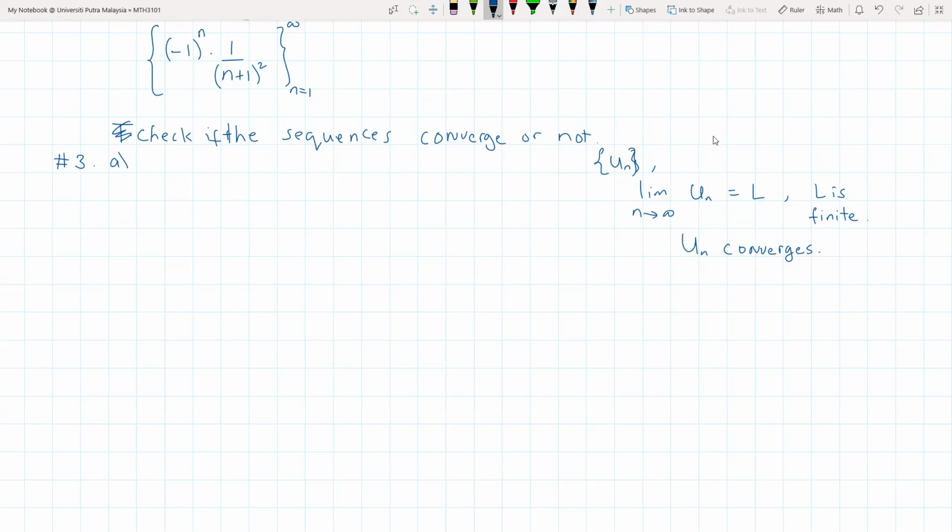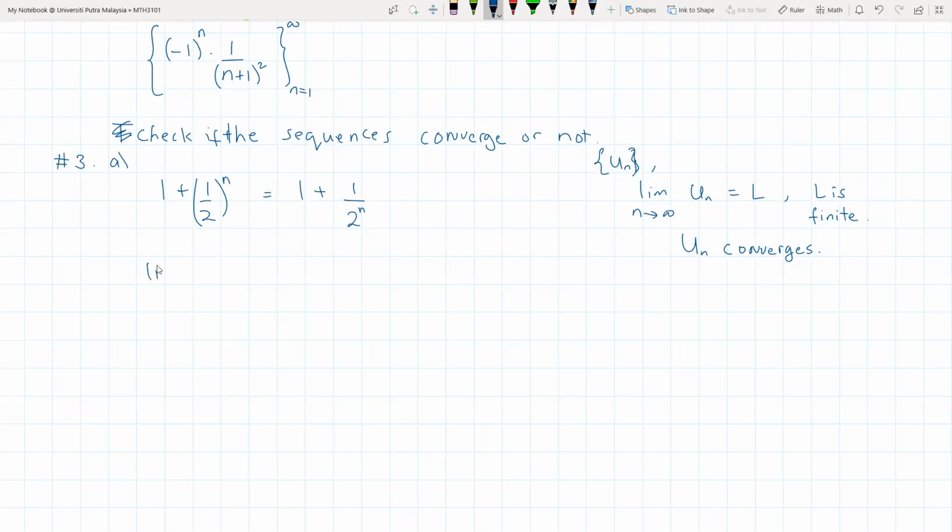Okay, let's see. Sequence for number 3A, 1 plus 1 over 2 to the power of n. All right. So if I rearrange this expression, I can say this is equal to 1 plus 1 over 2 to the power of n, because 1 to the power of n, and n is a positive number, stays the same as 1.